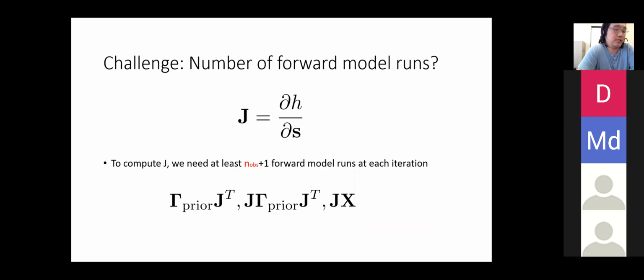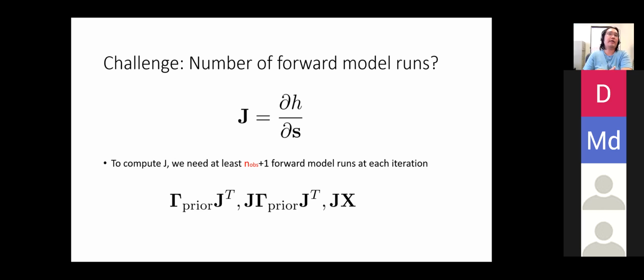The second challenge is the number of numerical simulations. Usually signal processing people also use a lot of data assimilation and Kalman filtering or other kinds of inverse modeling strategies. But usually the model is not a very expensive one.